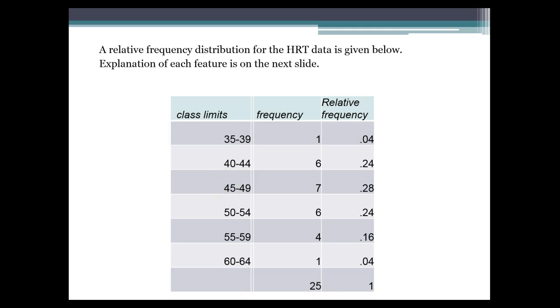Okay? So for this one, the instructions you would get would be use categories starting at 35 of width 5. Every time I teach this class, somebody says that should be 35 to 40, 41 to 46, 47, etc. Don't do that. We'll talk more about that in just a minute.